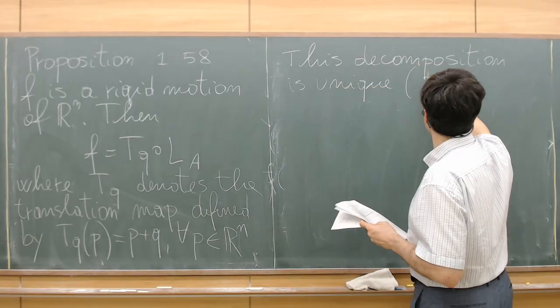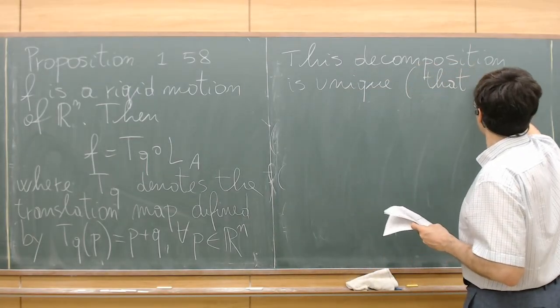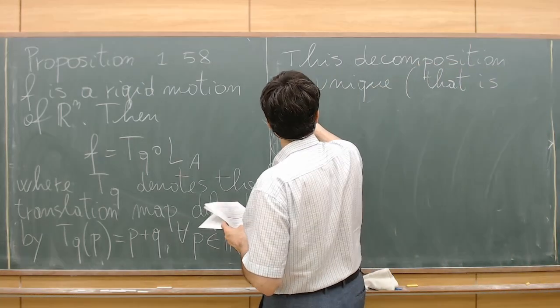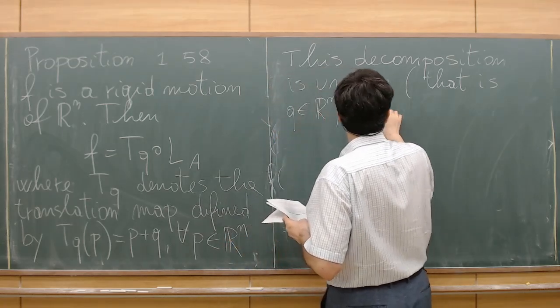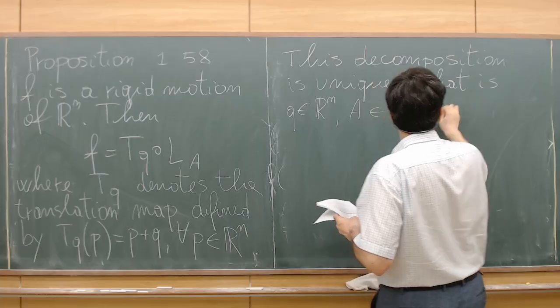That is, Q in Rn and A in On are unique.